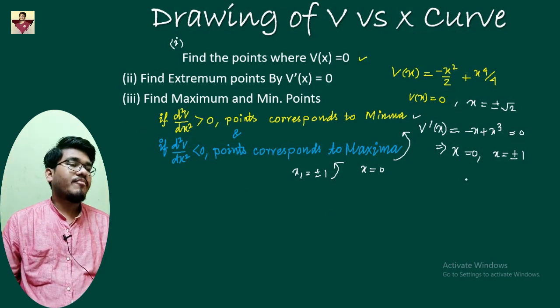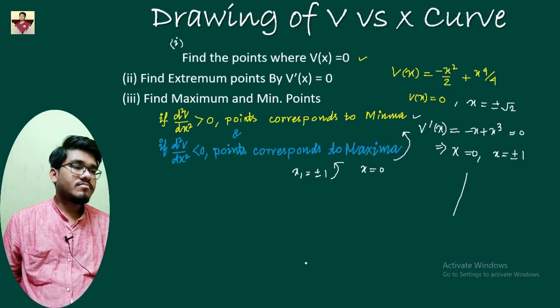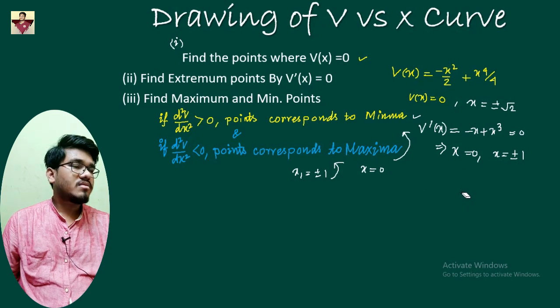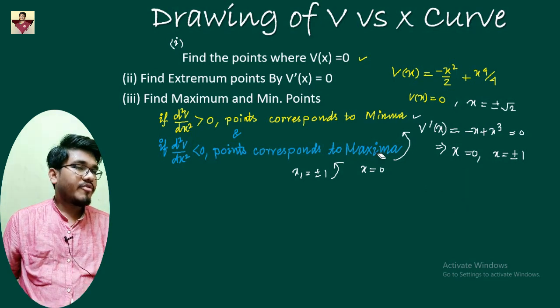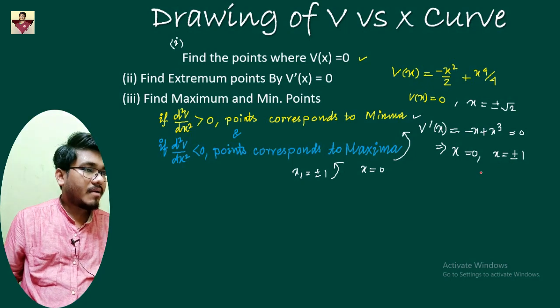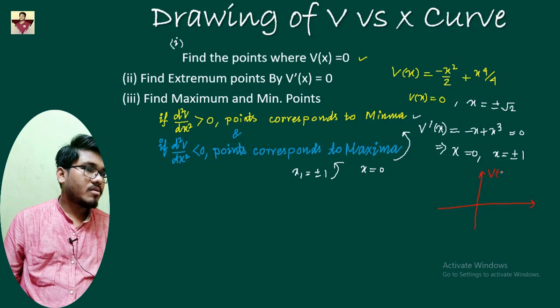Now if you draw the potential curve, it will look like this. Let me erase this. Here is the curve I am drawing. This is V(x) and this is x.